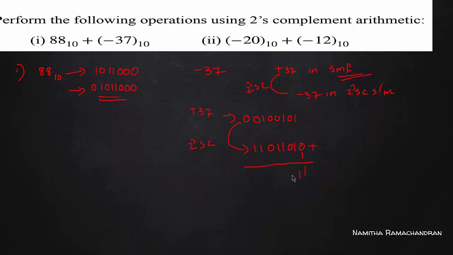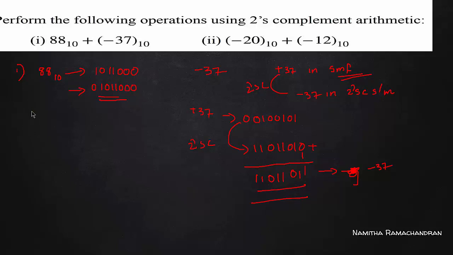So this is the 2's complement representation. So this is actually minus 37 in 2's complement form. Now we can perform the operation.